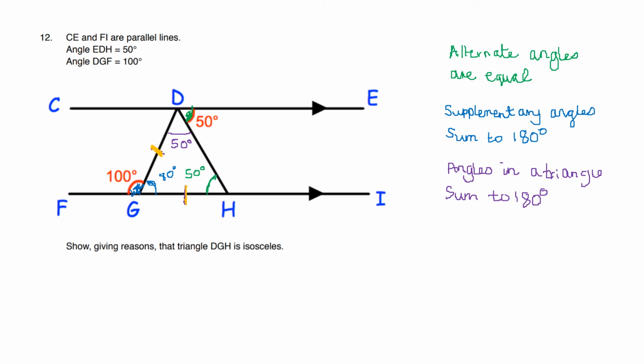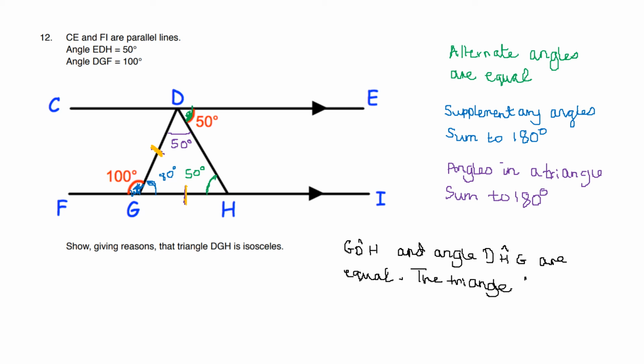So what we can say here is, angle GDH and angle DHG are equal. So the triangle has two equal angles.